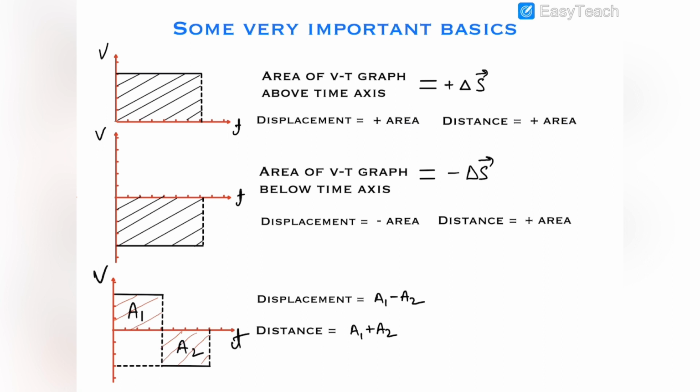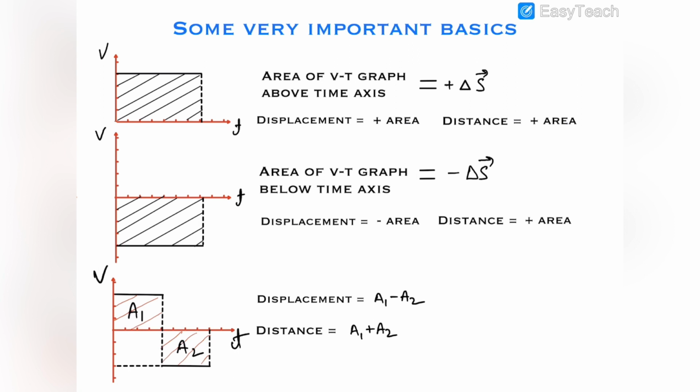So the body is traveling in forward direction during this motion, and during this motion the body is traveling in the backward direction. So displacement is decreasing in this motion. Okay, or we can say that displacement is increasing in negative direction. So the net displacement of this complete motion would be A1 minus A2, although the distance would be A1 plus A2.